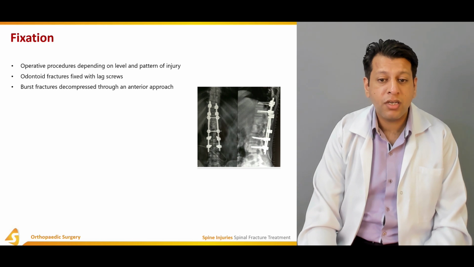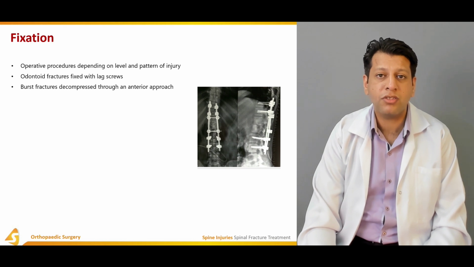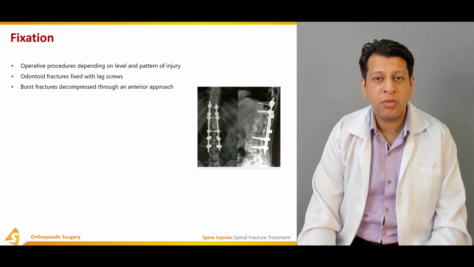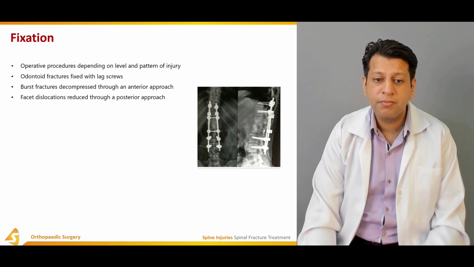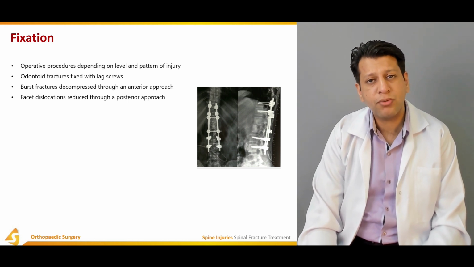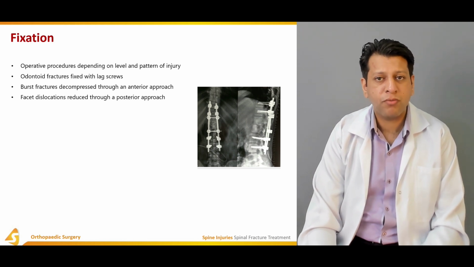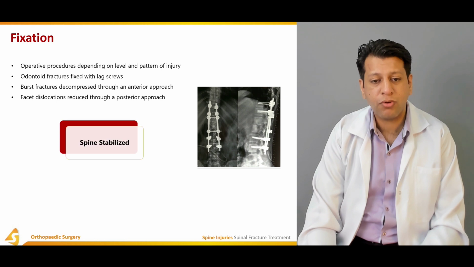Burst fractures are decompressed by the anterior approach because they involve the anterior column, and then we can use a graft, and cages can also be used to stabilize anterior column fractures. Facet dislocations, which are present in the posterior column, can be easily reduced and fixed by posterior approaches.